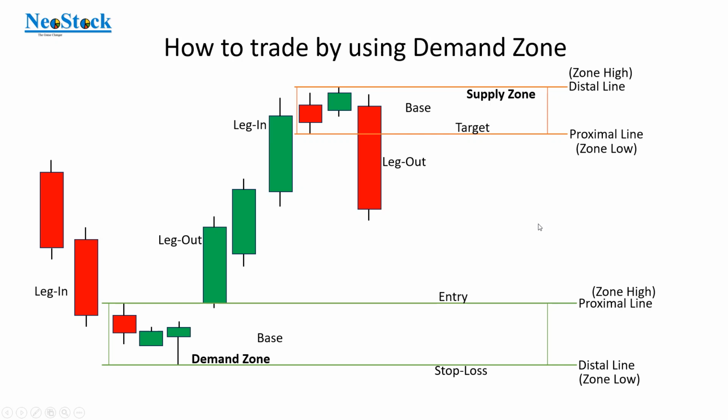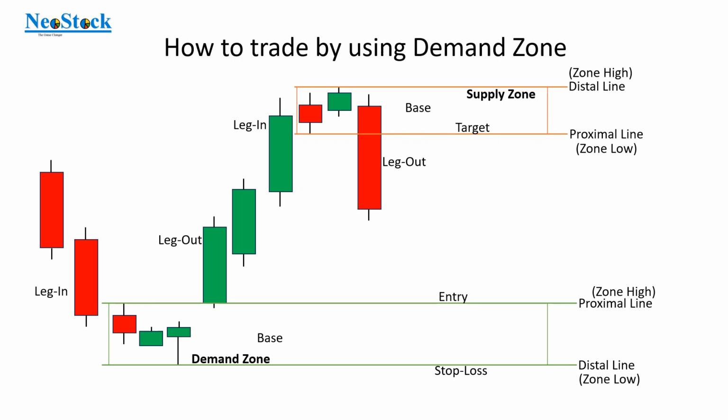So we don't want to reduce our profits. That is the reason why we want to book our profit when prices are about to reach the supply zone. So our target should be the proximal line of the supply zone.